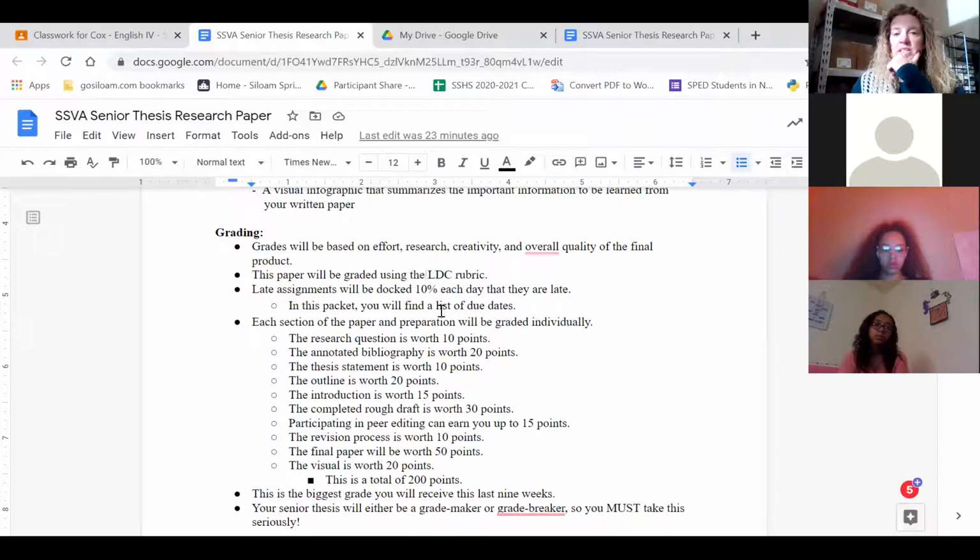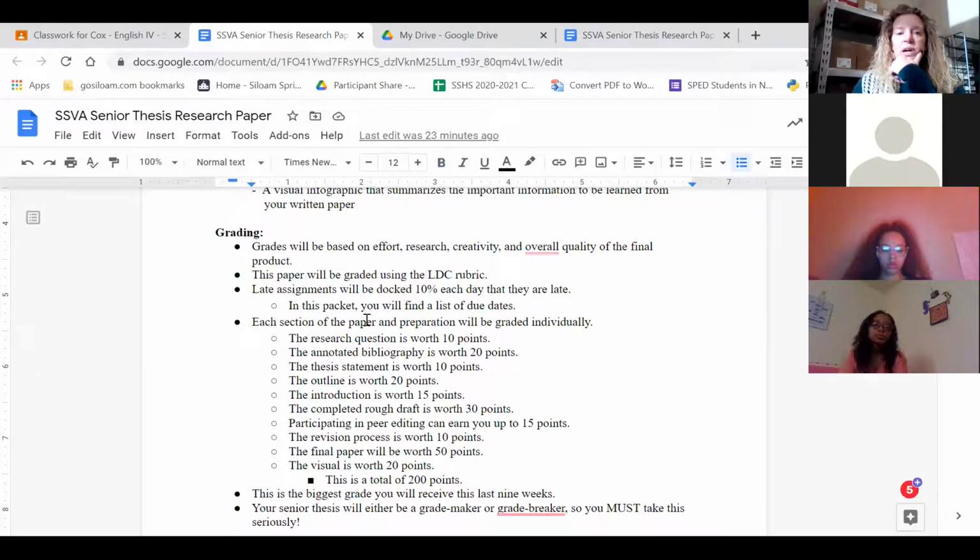In this packet, you'll find a list of due dates. I don't have the due dates all on there right now, but I do have a list of information that has the first two due dates on there along with the 2-week deadline. Okay. So 10% each day that they are late, because this is a huge project, and there's just too much going on. So it's just the way it's going to be.